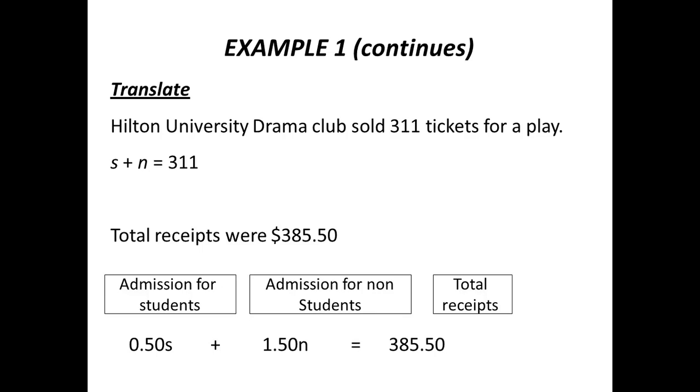This means that 0.5 times S plus 1.5 times N is equal to 385.50. The two equations, S plus N equals 311 and 0.5S plus 1.5N equals 385.50, represent a system of linear equations.